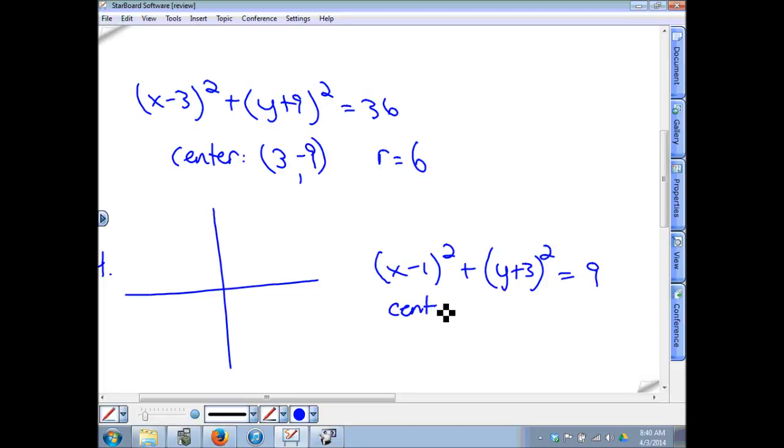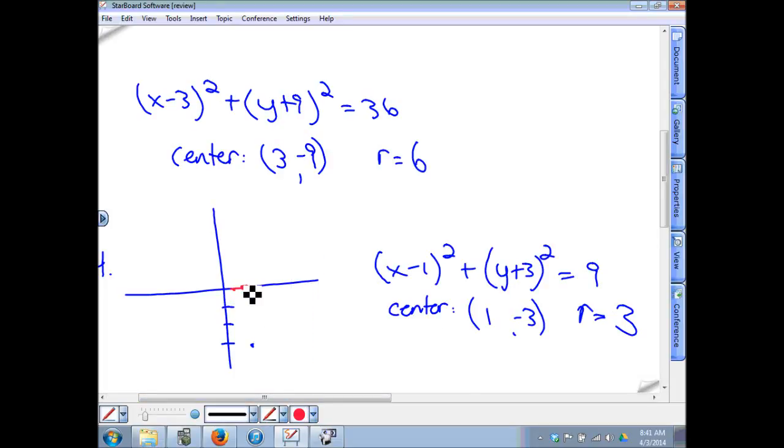The center is positive 1, it's the opposite of that, negative 3. So go over 1, down 3. There's the center of the circle. Radius is 3. So starting from your center, you're going to go out 3, up 3, over 3, and down 3, in all directions.